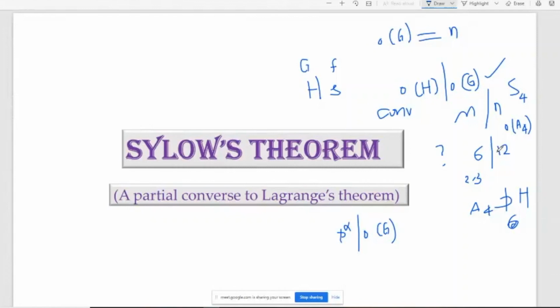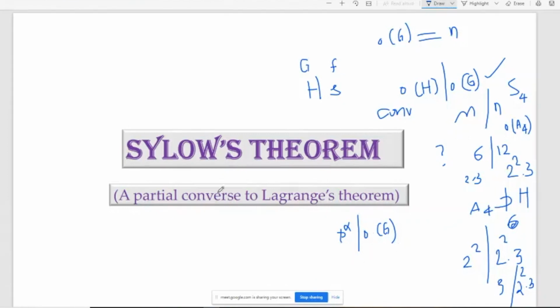You can write it as 2 square into 3. So had 2 square been dividing, I could say that A4 has a subgroup of order 4. And since 3 divides this, I can definitely say that A4 has a subgroup of order 3. But this is not true. Then what could be the generalization of that?